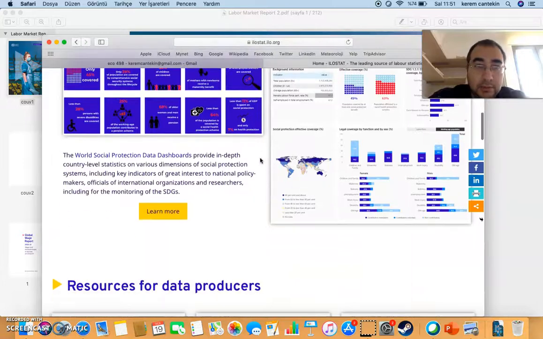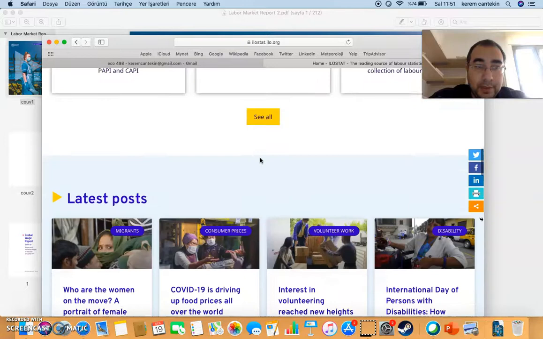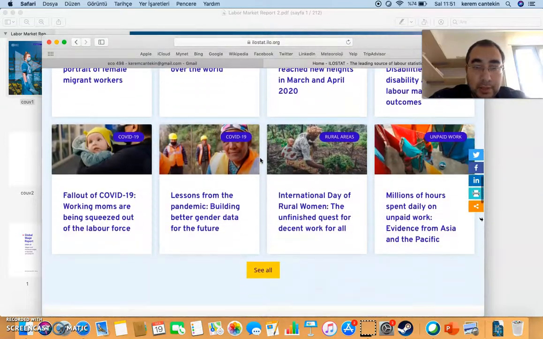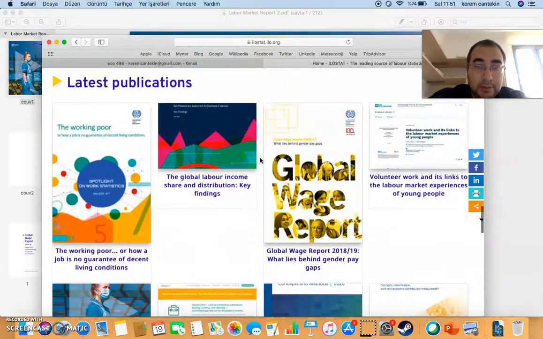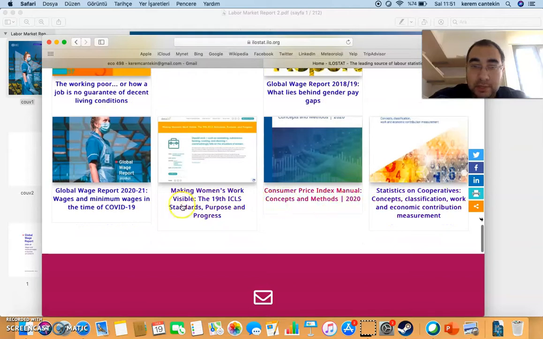You can go down and also find additional information like news, but also some reports, for example on working poor, global wage report, global income share and distribution, volunteer work. So the data is put into a special report and presented in that way. You can see how data can be presented by looking at these reports.